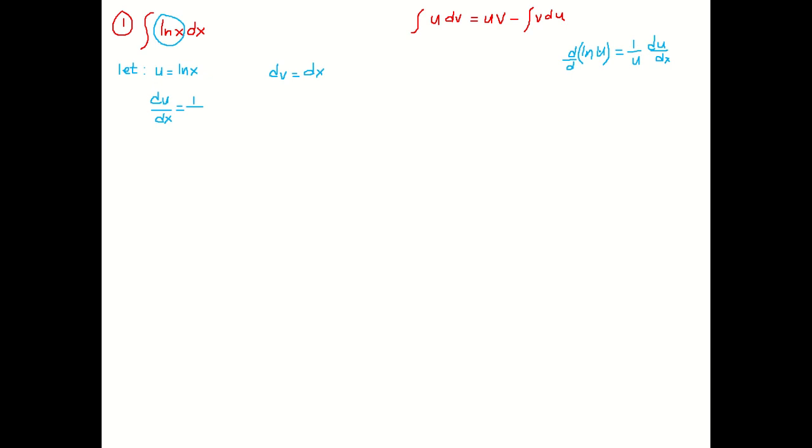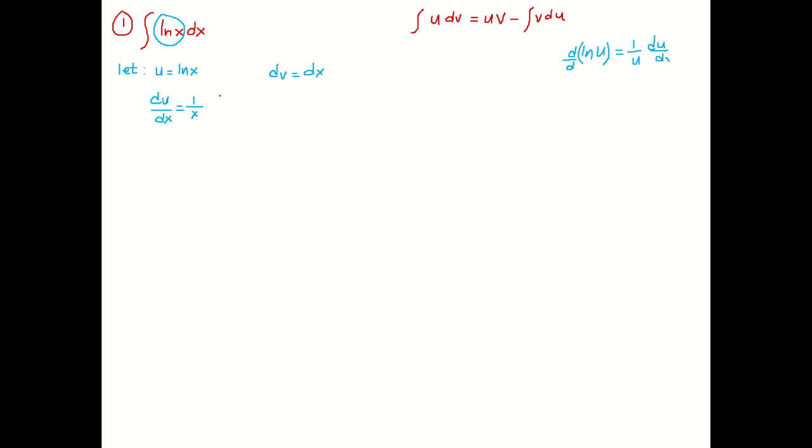So using this formula, we have 1 over u. So whatever is this expression or number or factor, you have to take the reciprocal of that. So 1 over that expression. So in this case, we have ln x, so this is 1 over x times the derivative of our u here, which is x.